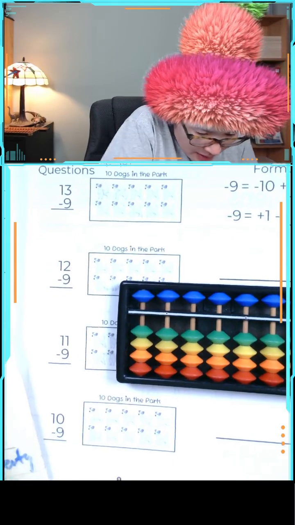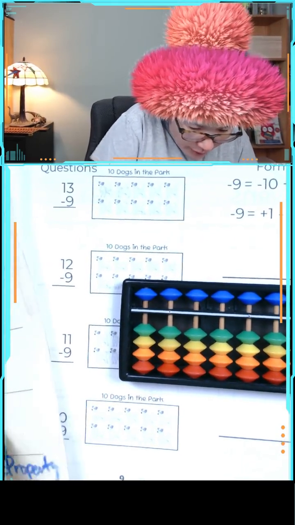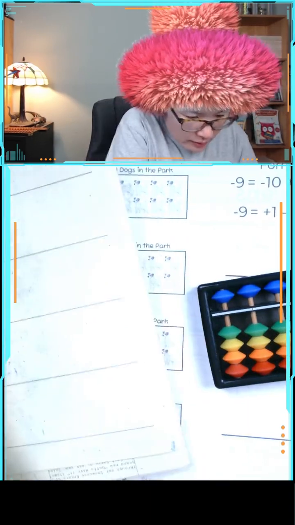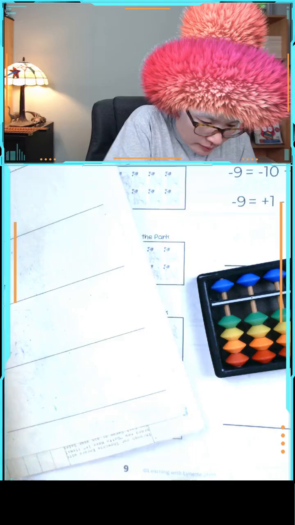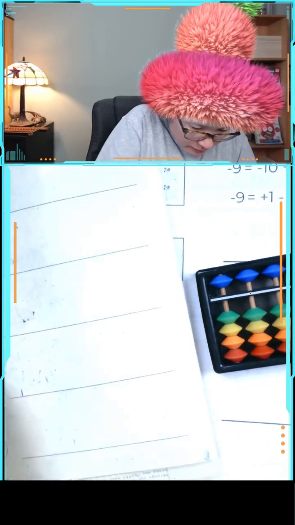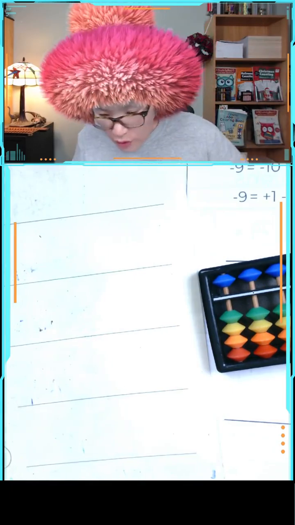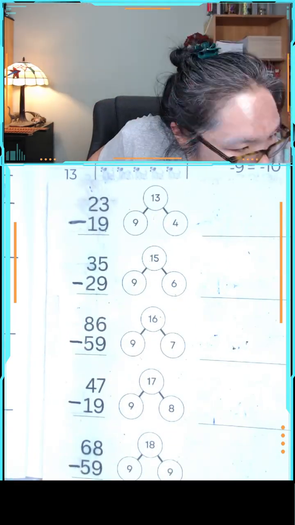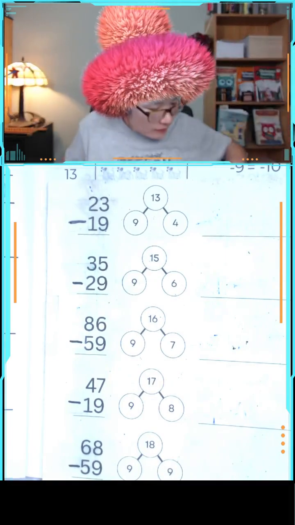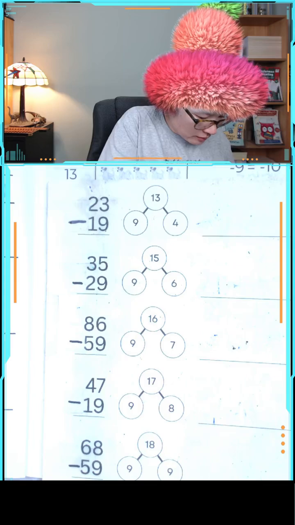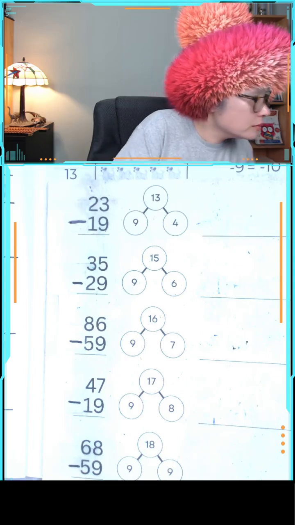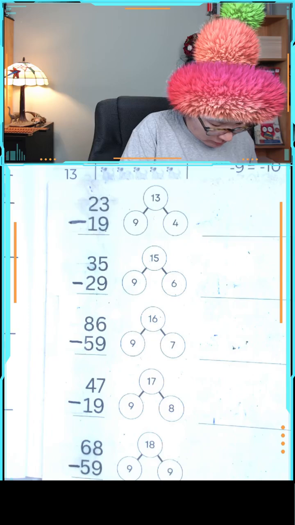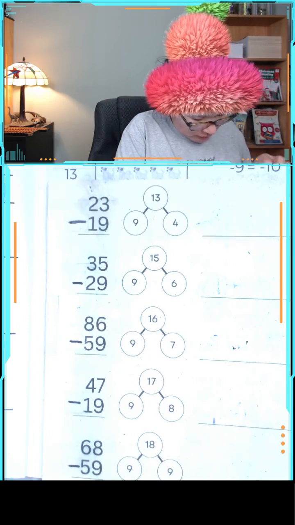They have to memorize number bonds, like presets of fact family of 9. I don't know if you guys know your fact family of 9. We'll just do this one.